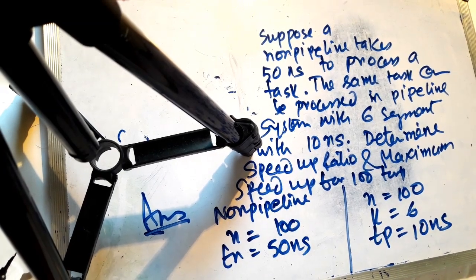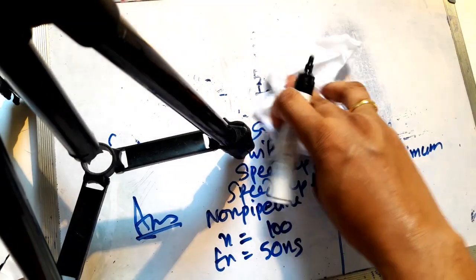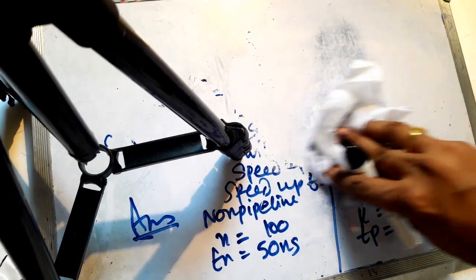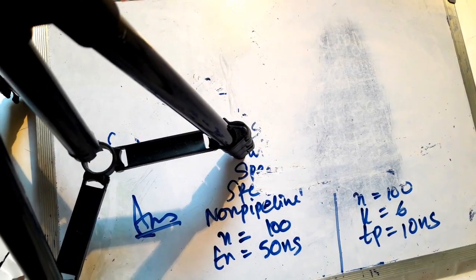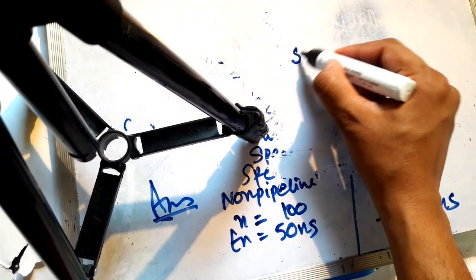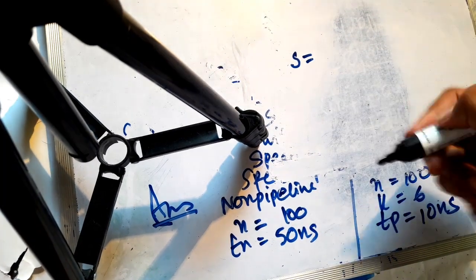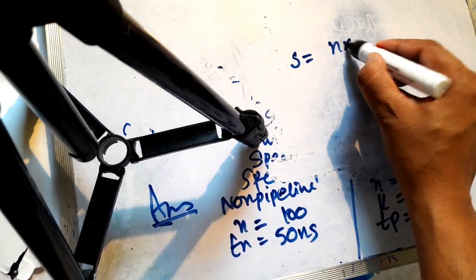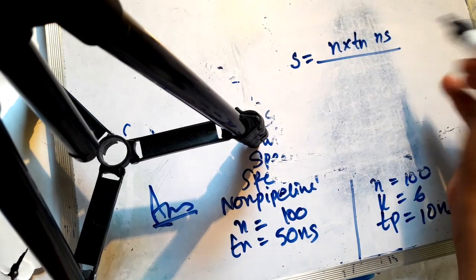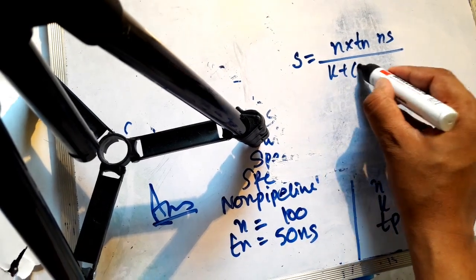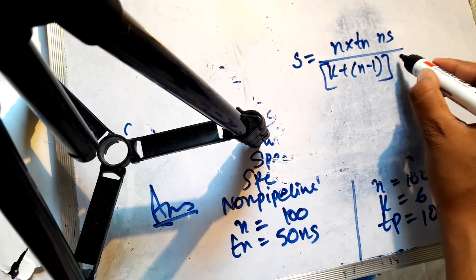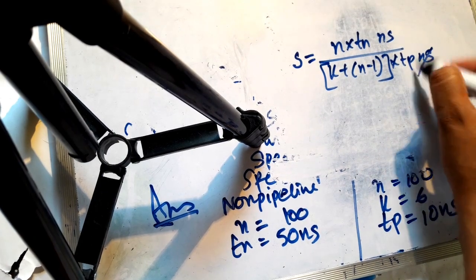Now it is the ratio. Speed up ratio is nothing but the ratio between the speed of calculation of serial processing and parallel processing. S is equal to the time of the non-pipeline system, n into Tn, divided by k plus n minus 1 into Tp.